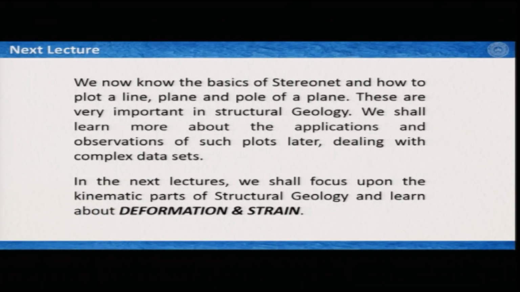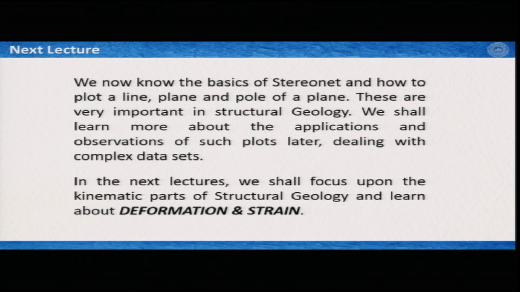What we have learned today in this lecture is the basics of Stereonet, different components of the Stereonet, and we learned 3 very basic plottings: how to plot a line, how to plot a plane, and how to plot the pole or normal of a plane.